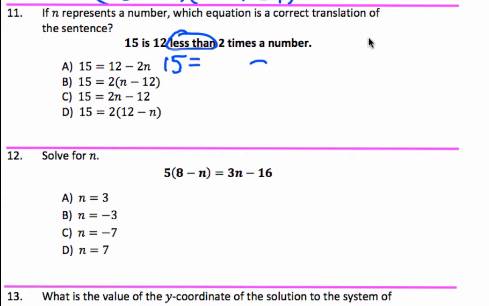Now, whereas in math there's only one way to indicate subtraction, namely the minus sign, in English there are several different ways. One way, as we see, is "less than." Another way is "less." You could have "decreased by."